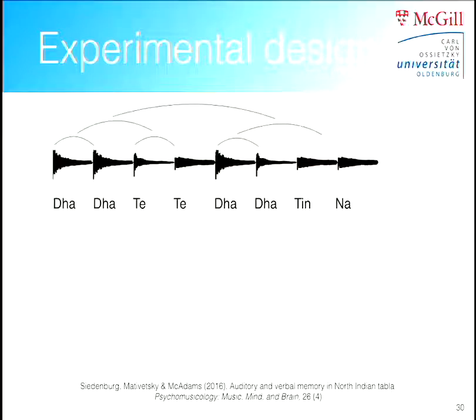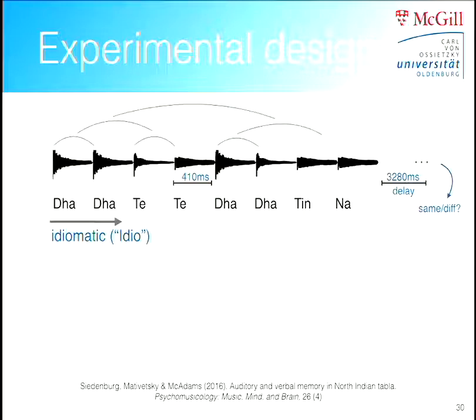Okay, so just briefly going through the experimental design, we compared idiomatic tabla sequences, which feature some sort of hierarchical structure. The question also was, what role does this structure play? So people heard these 8-item sequences, followed by a 3-second delay, and then another sequence like that.